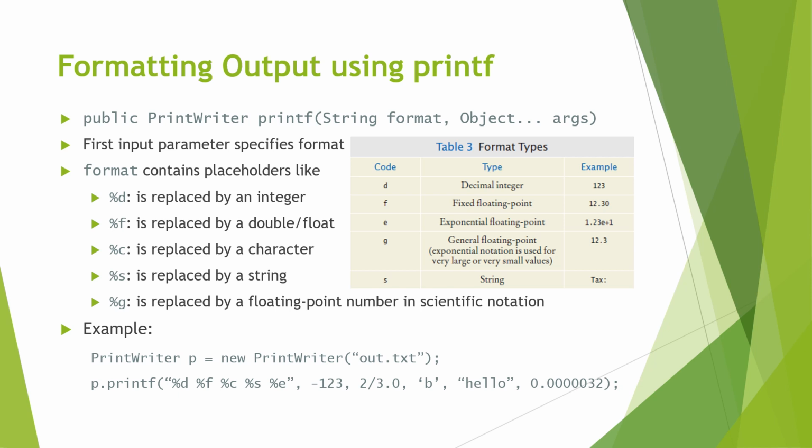I know that you probably are familiar with printf when you use system.out.printf, but I'm just gonna briefly explain it one more time for those who have forgotten how printf works. Basically, printf, either the printf that you use in system.out or this one that is inside the class PrintWriter, gets a string format as its first parameter, and this format can specify multiple placeholders.